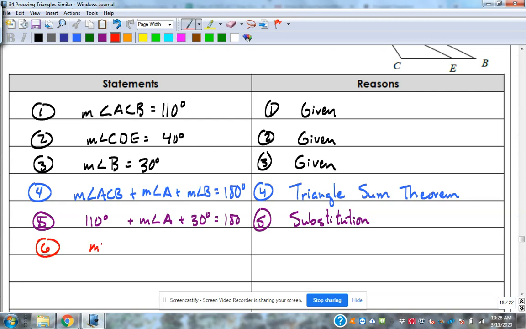So I'm going to say the measure of angle A plus 140 degrees equals 180. What's the reason that I can do that? Well, I just simplified. That's all I did.